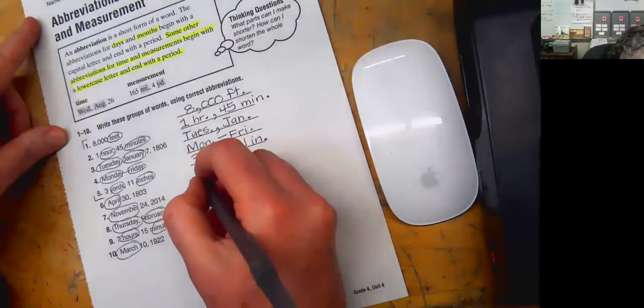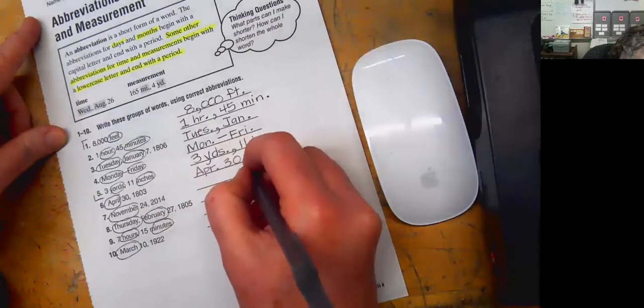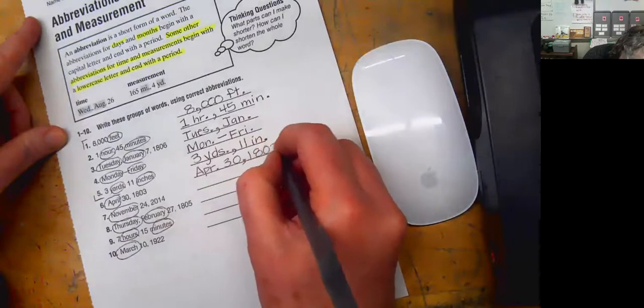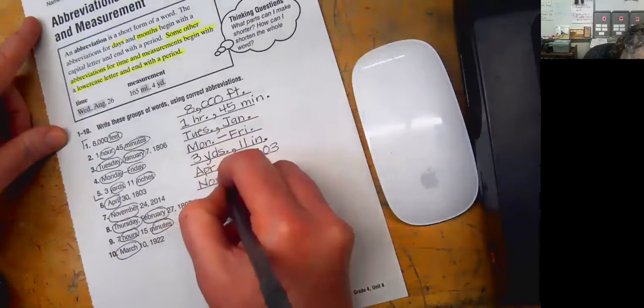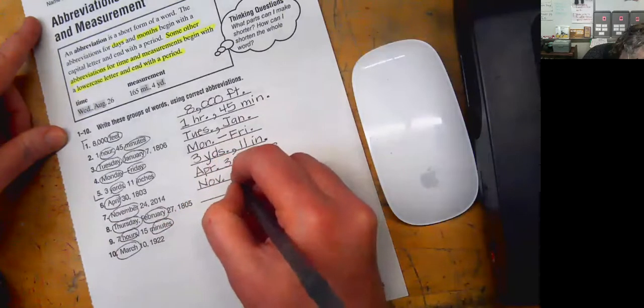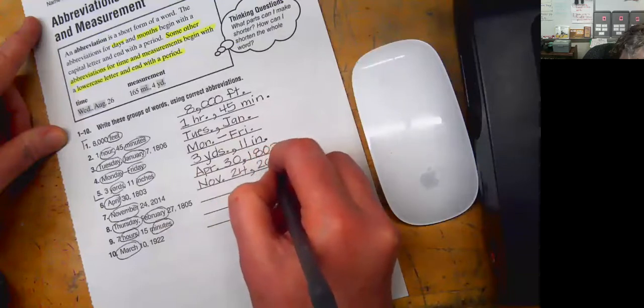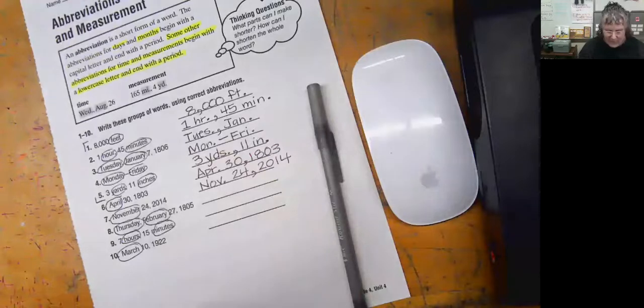April is going to be APR period 30th, comma, 1803. November is going to be NOV 24, comma, 2014. Now, if you aren't sure of how to abbreviate dates, you can always go in here.